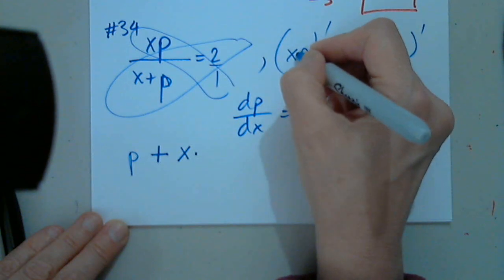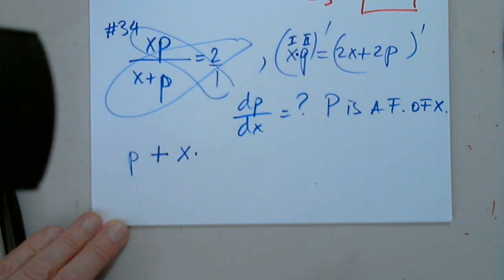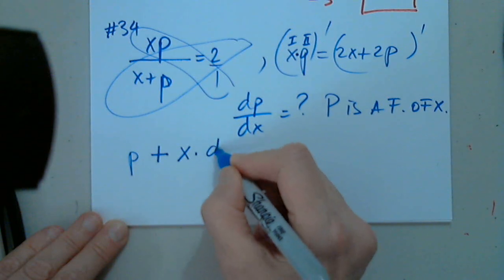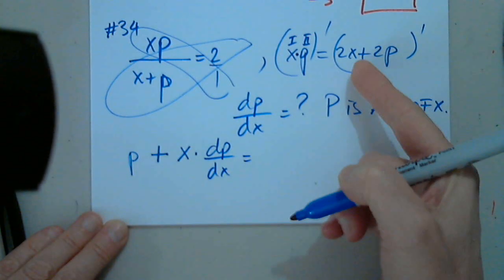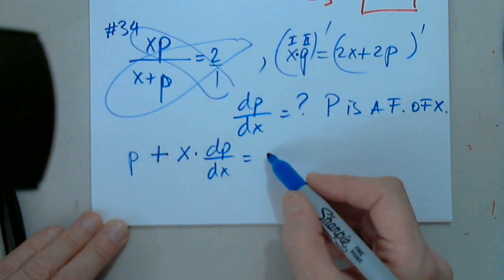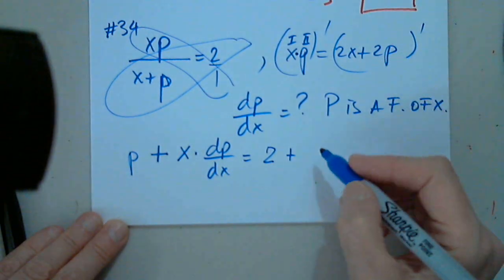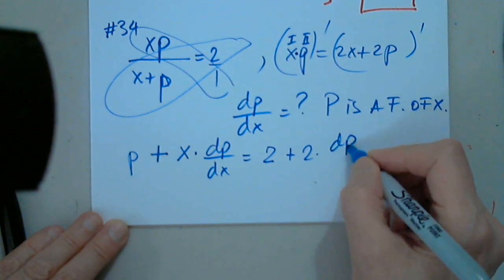Careful, this is a product. Function 1, function 2. Oh, then it's going to be dp over dx. Good, awesome. Now on this side, it's 2 plus 2 times dp over dx.